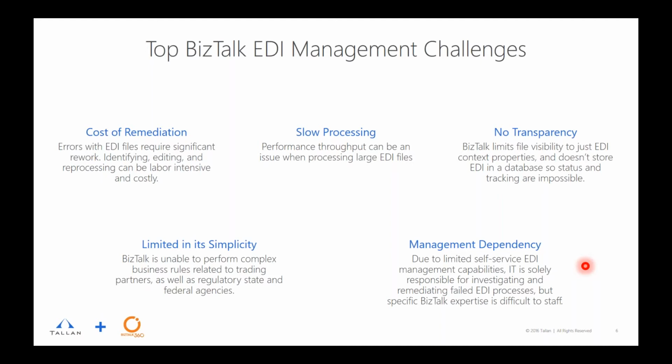Cost of remediation. Errors with EDI require significant rework. Identifying, editing, and reprocessing can be labor intensive and costly. So if you think about an example around this, if you're processing EDI, and let's say you have an error, a structural error or a SNIP 1 error, the first thing you'll do is go to the event viewer. You'll see it's typically a cryptic error. It gives you the segment and a general location of the error within the EDI message.